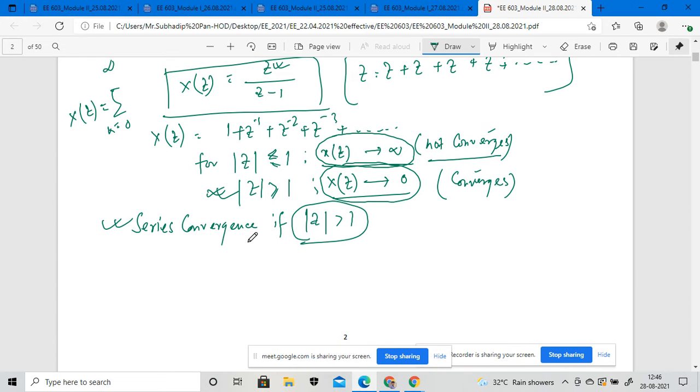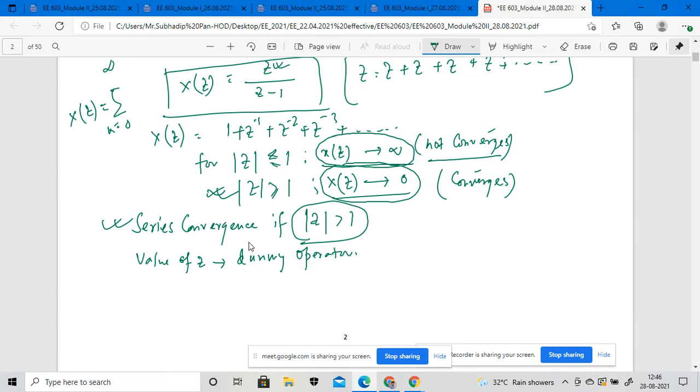So for finding the z transformation of any such kind of equation, the value of z acts as a dummy operator.